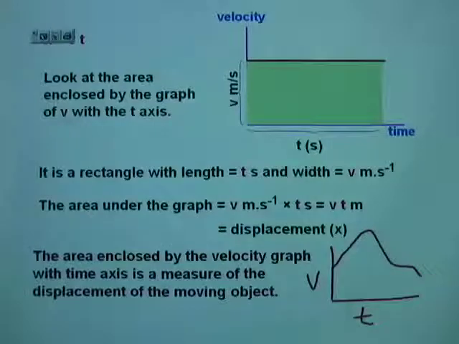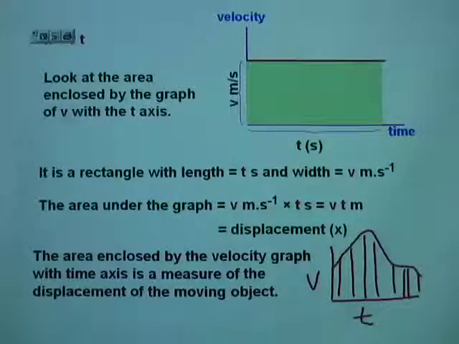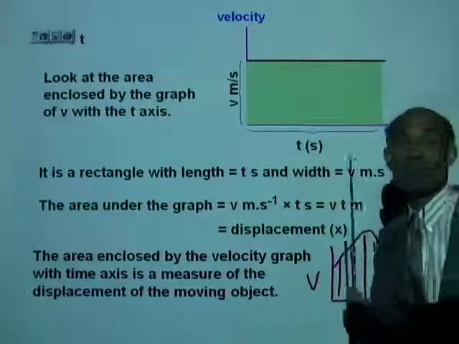In other words, the area enclosed by the velocity graph with the time axis will be a measure of the displacement of the object. Very important concept.